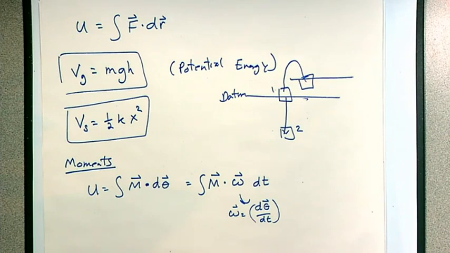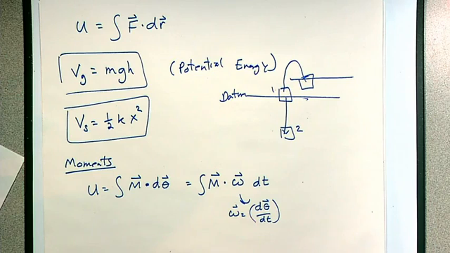Last point. Friction, roll without slip. I think we even talked about this for when we were doing particles. If I've got this body and it's moving along, I've got some friction acting on my ground at point S here. Here's our friction.